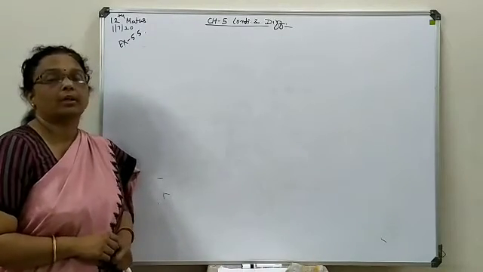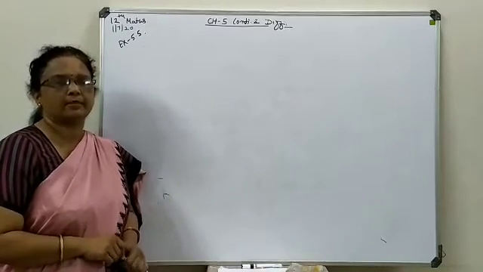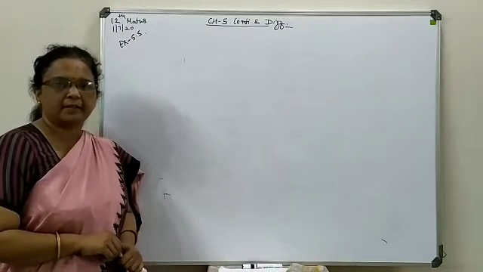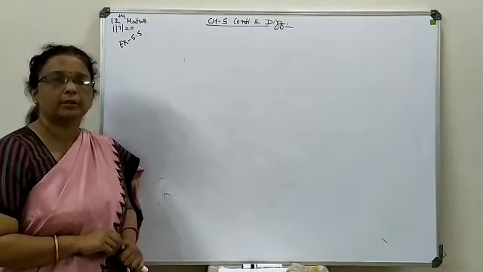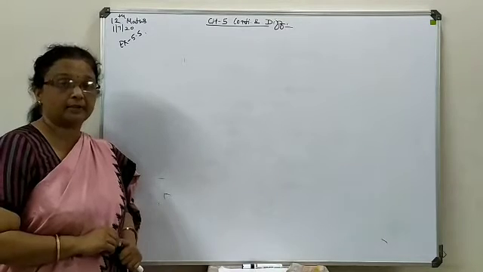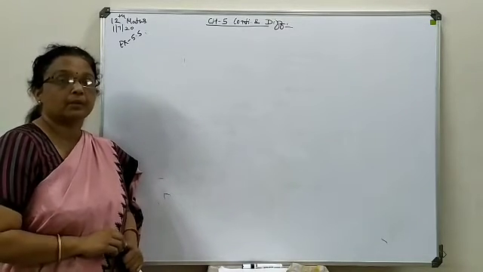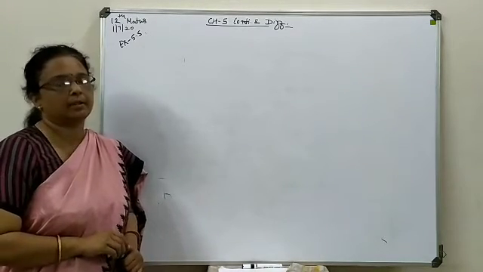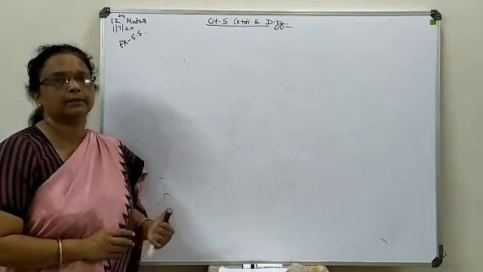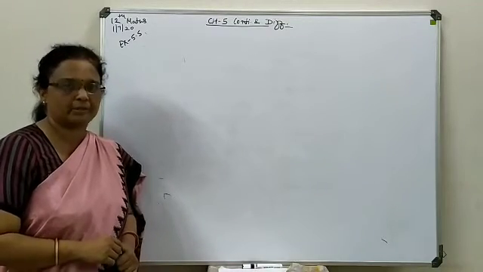But now what we are going to introduce is the parametric form, which means x and y both are written in terms of a third variable. That third variable may be t, alpha, theta, any other angle form or any other parametric form.